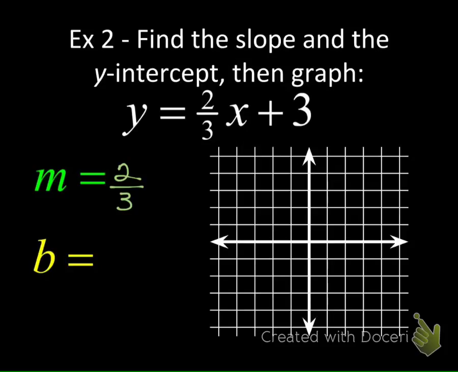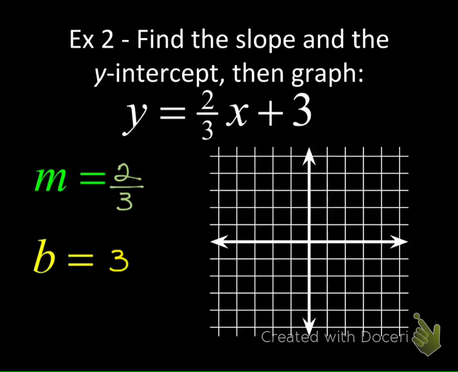What variable does b represent? What does the b stand for? It's the number by itself, which gives me the y-intercept. Yeah, so that variable b stands for the y-intercept, and the y-intercept is going to be the number that's by itself.